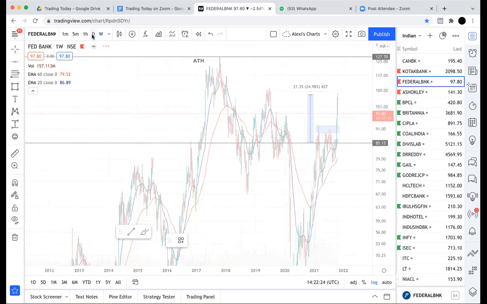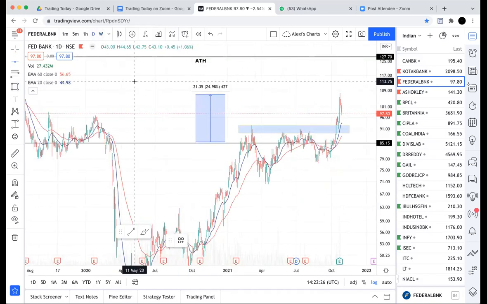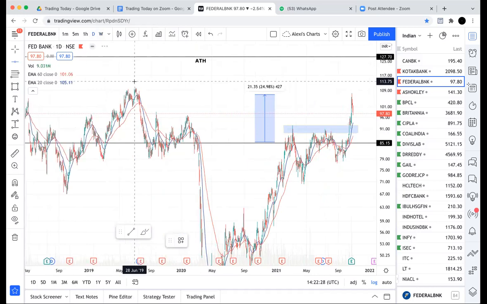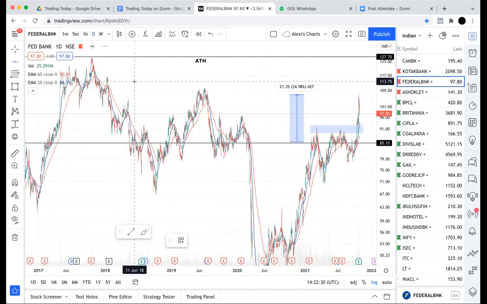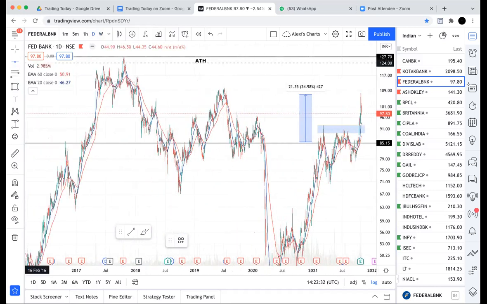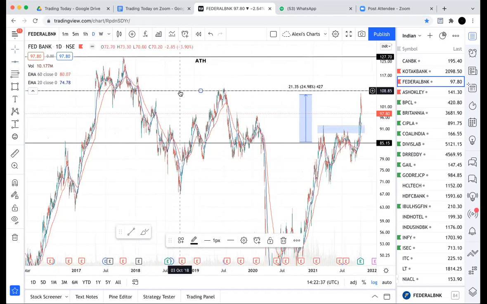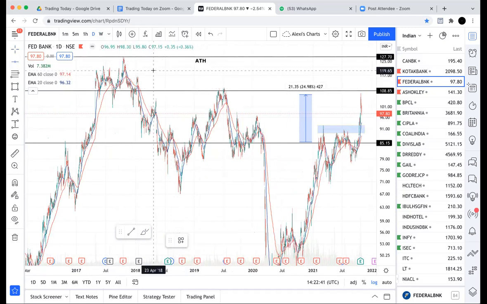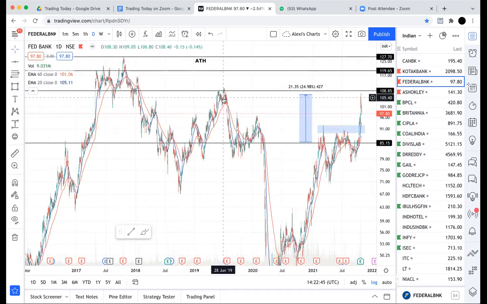Let me go to the daily chart for this. Okay, here we are. Look at this. Here's a major area of support and resistance, and then here is another major area of support and resistance right there. That's an area of resistance as well.